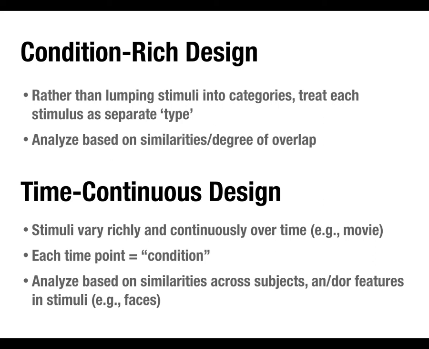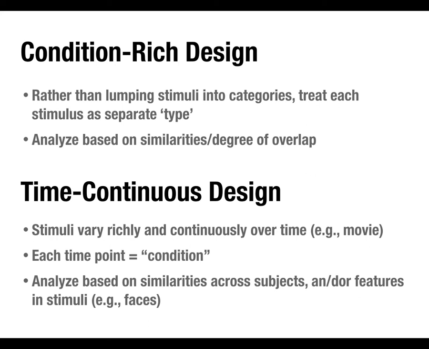That gives you a lot more richness in how you analyze the data later, because rather than just saying faces versus control stimuli, you could start looking at what's common or different between these faces. You could pull out male versus female faces, old versus young. You could look in an even more graded fashion at different intensities, brightness, or whatever. So you can look at all kinds of different properties and characterize them.